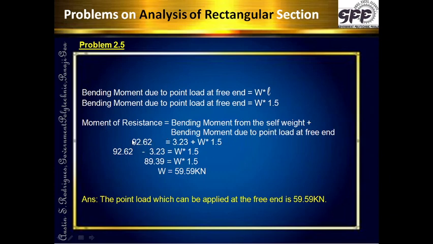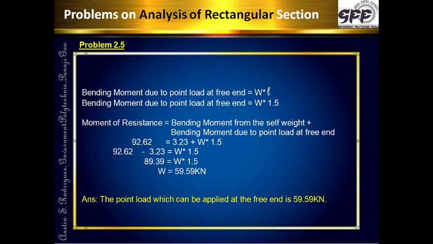So 92.62 kilonewton meter is equal to the first component, 3.23, plus the second component, W into 1.5. Moving 3.23 to the left hand side, it becomes negative. So 92.62 minus 3.23 equals W into 1.5. This comes to 89.39. So 89.39 is equal to W into 1.5. Since this is multiplied, 1.5 comes below. So 89.39 divided by 1.5, W is equal to 59.59 kilonewton.